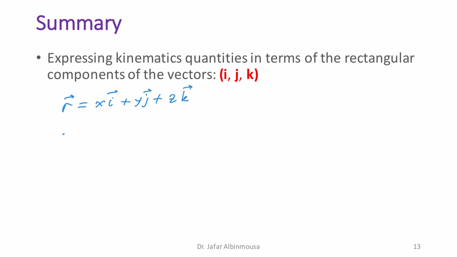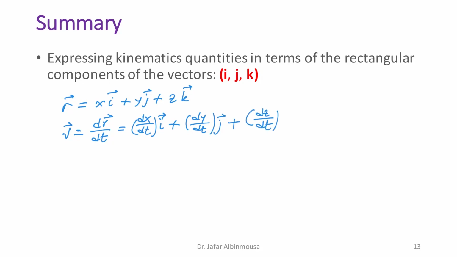Then we said that the velocity vector is equal to the time derivative of the position vector, which is going to give us dx over dt i plus dy over dt j plus dz over dt k.